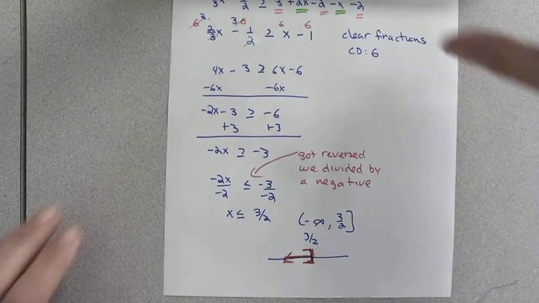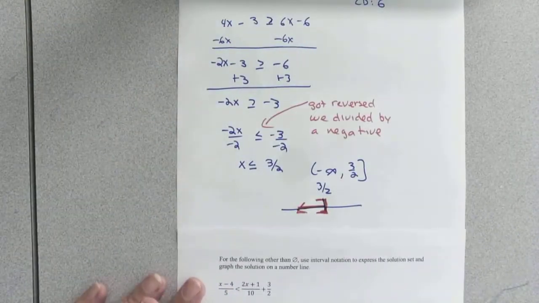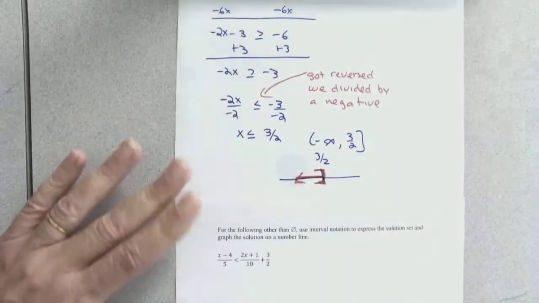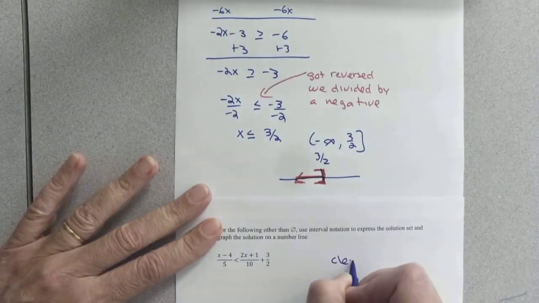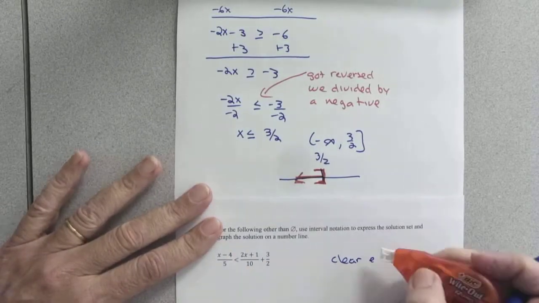Okay, let's do another one. Just practice, practice, practice. Same instructions, just get it done. So the thing I want to do here is clear the fractions. That would be my first step if I was solving it, if it was an equation. I'm going to clear the fractions.